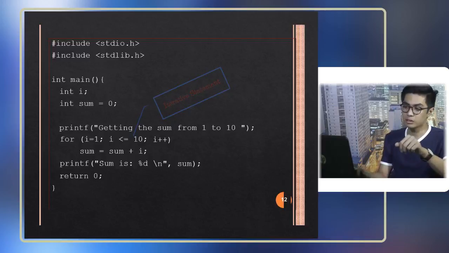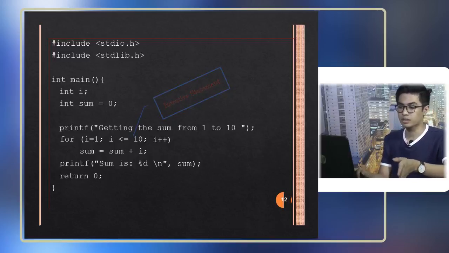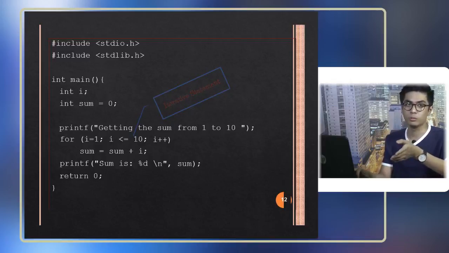In this statement, you check whether it is true, and if it is no longer true, the loop will exit. The last statement could be present or not, but it is usually present in the for loop, and it just adds one to i.